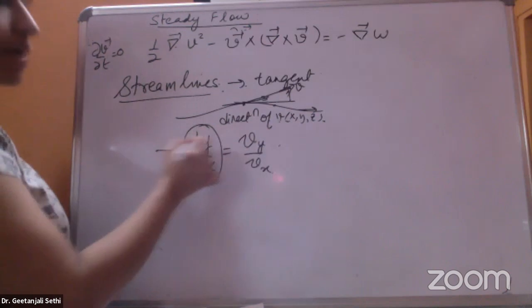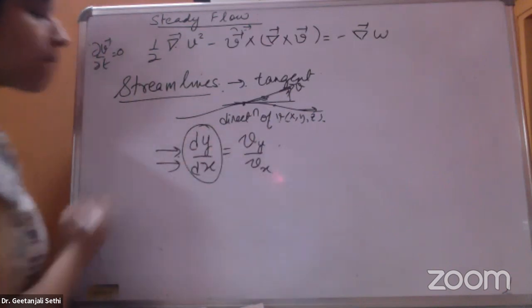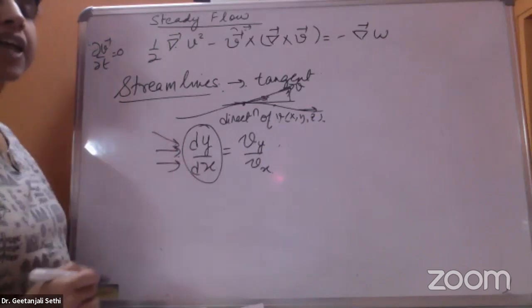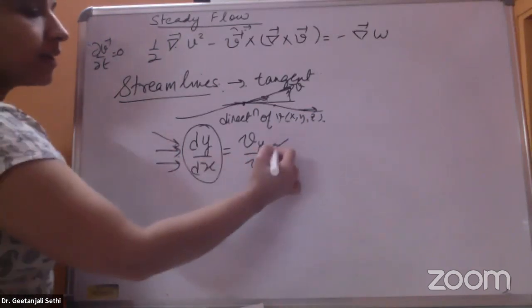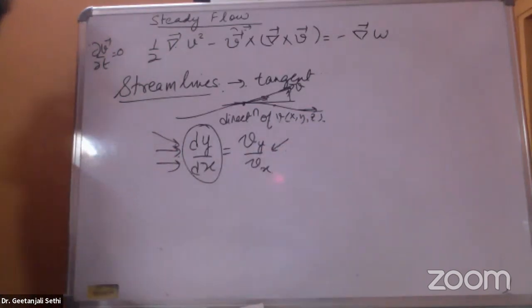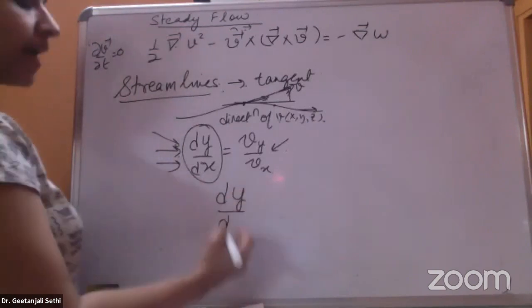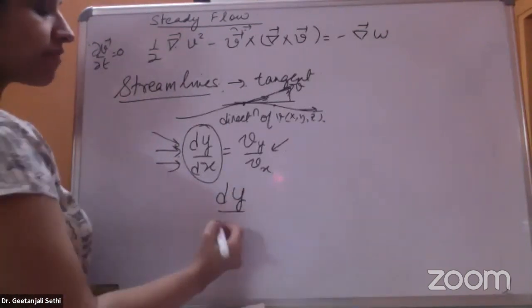So that's what you understand by a field line. This is a mathematical way to represent a field line: if I look at the tangent to a field line at any point, then that gives me the direction of the velocity at that particular point, right?